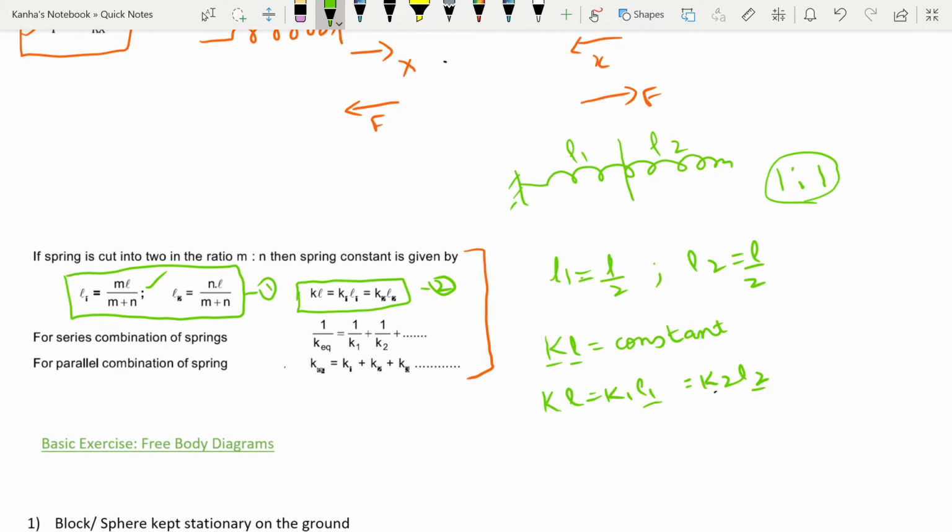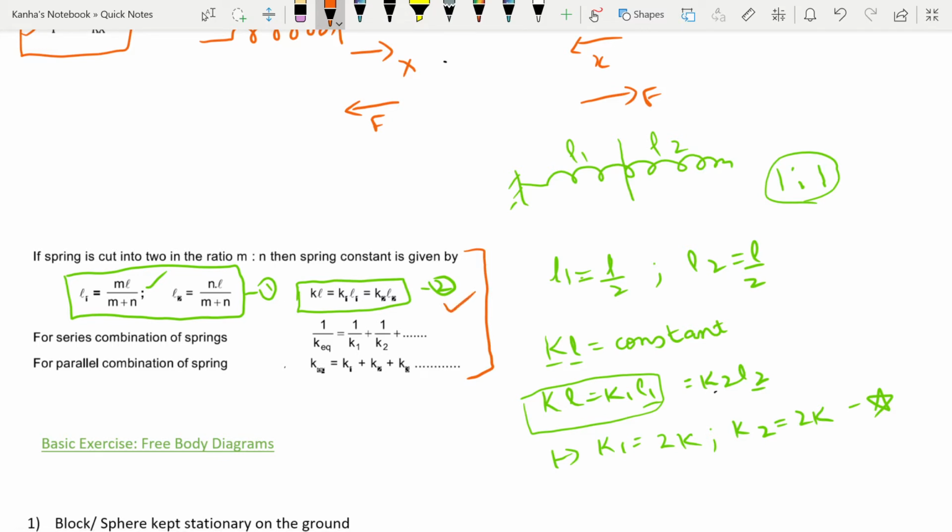If I just use these equations, I can easily see that K1 turns out to be, sorry, not K by 2, twice of K. K1 turns out to be twice of K. Similarly, K2 also turns out to be twice of K. This is an important question, and it has been asked several times in the paper before, so you should just make a small note of this.